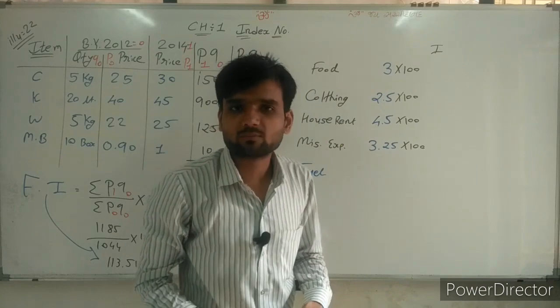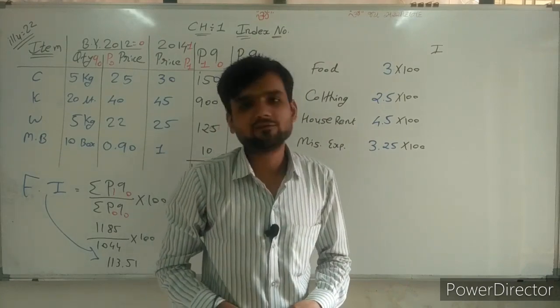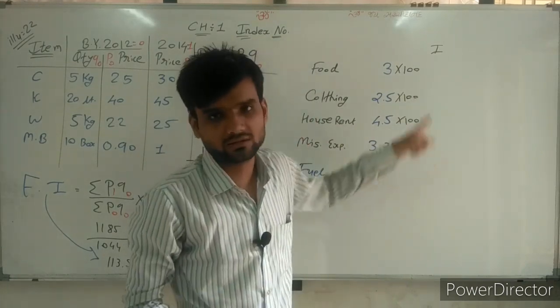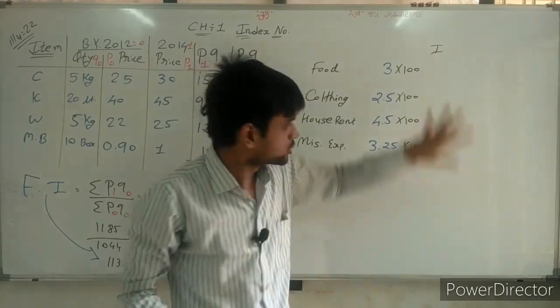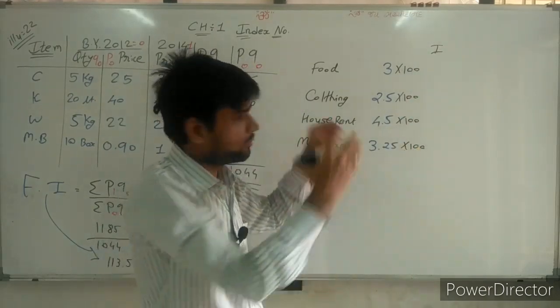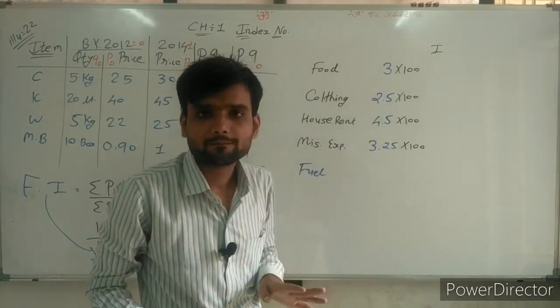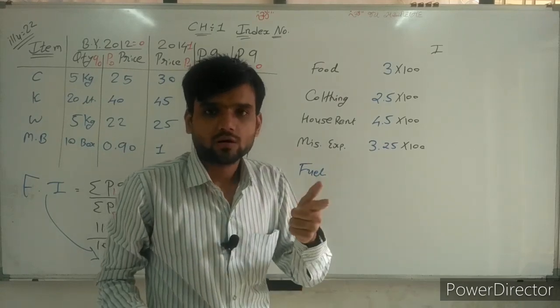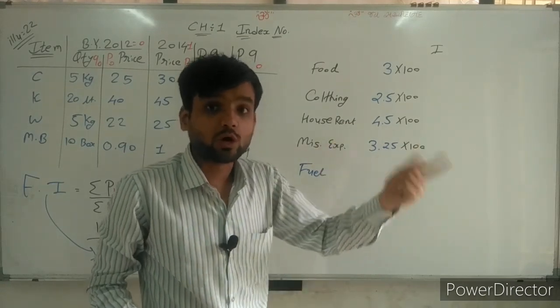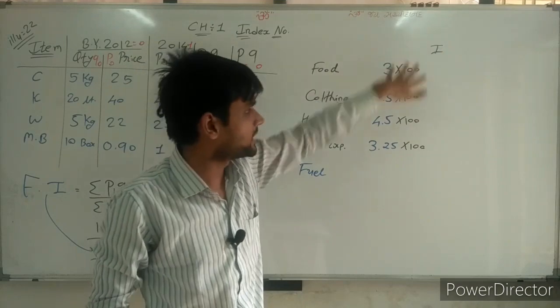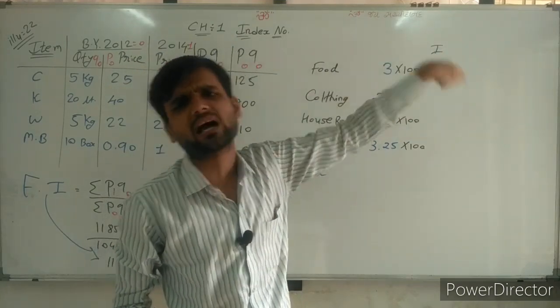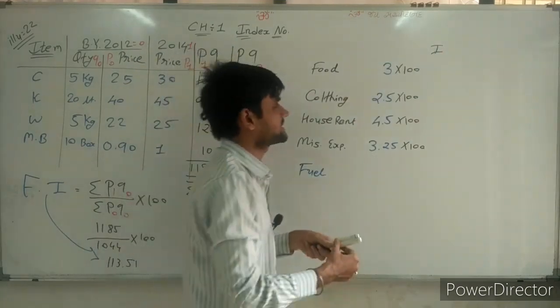Because by multiplying with 100 we are getting I directly. I means index number. Times means multiplication, so I have multiplied it. But if multiplying with another value, then you have to find I. If you are multiplying with 100, you are directly getting I. And what is the answer?